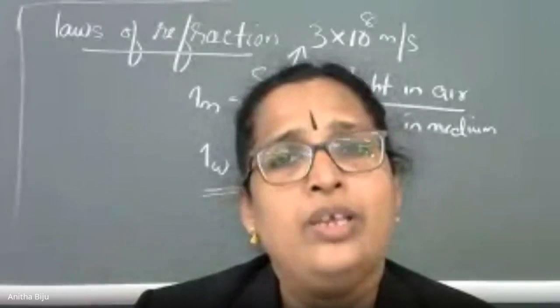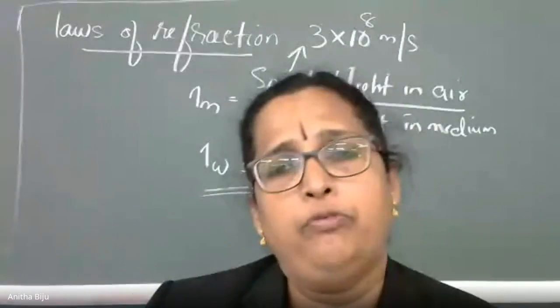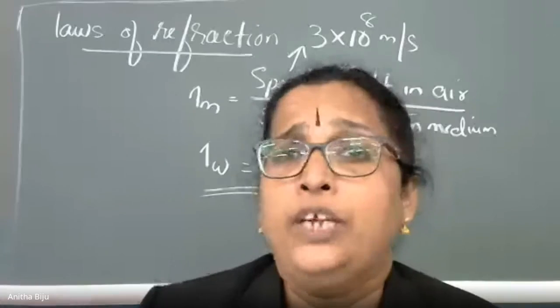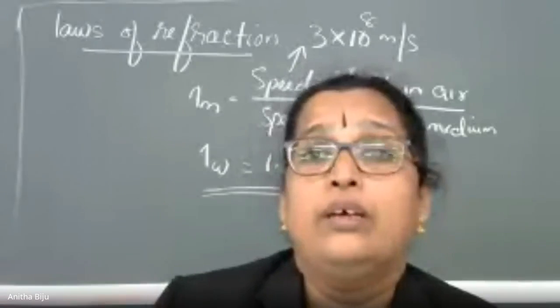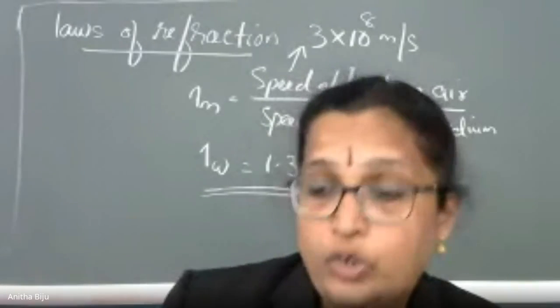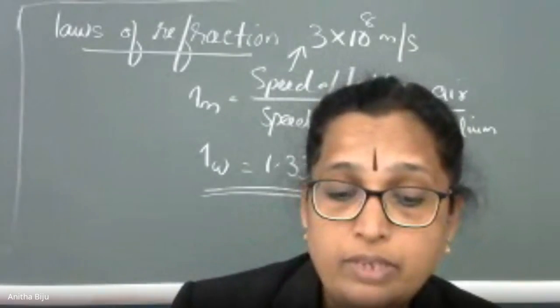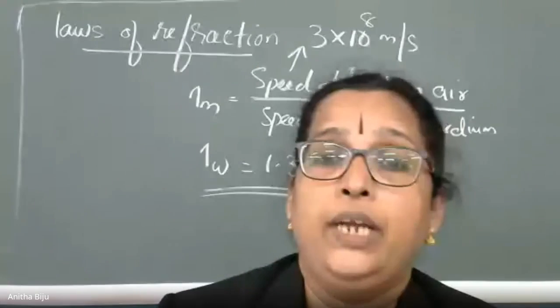Principal axis is the line which passes through the two different focus points, and there is the center of curvature. You know that the lens is a part of a sphere, so the center of curvature is the center of the sphere from which this lens is made.